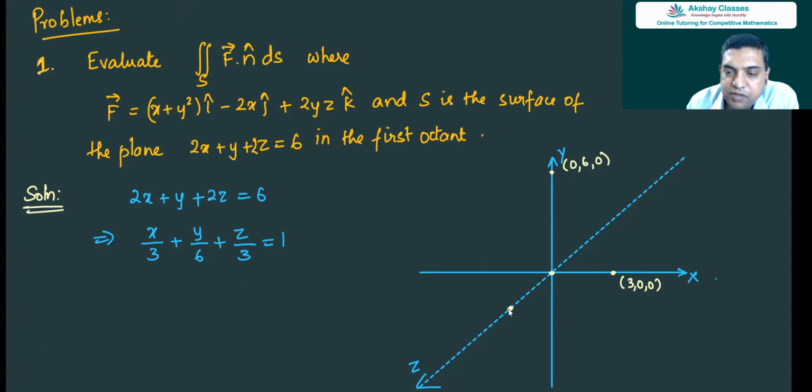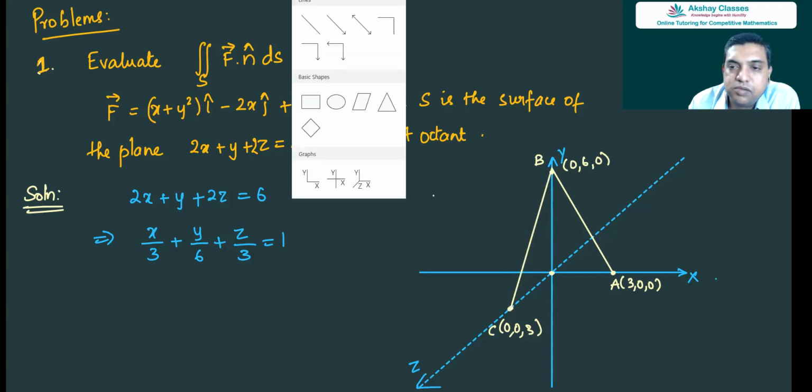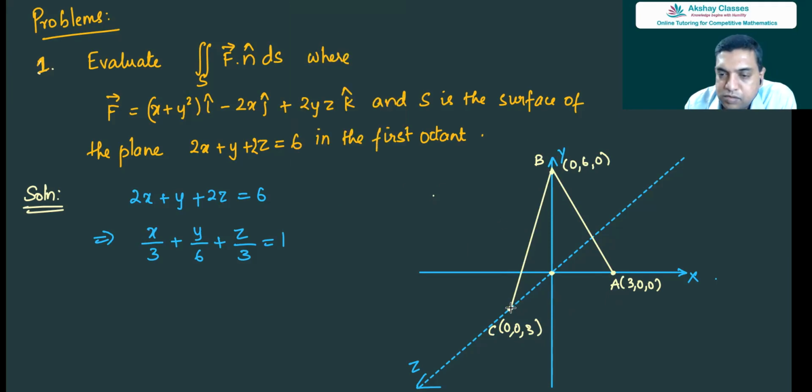And we have 0 comma 0 comma 3. Let us call these points A, B, and C.